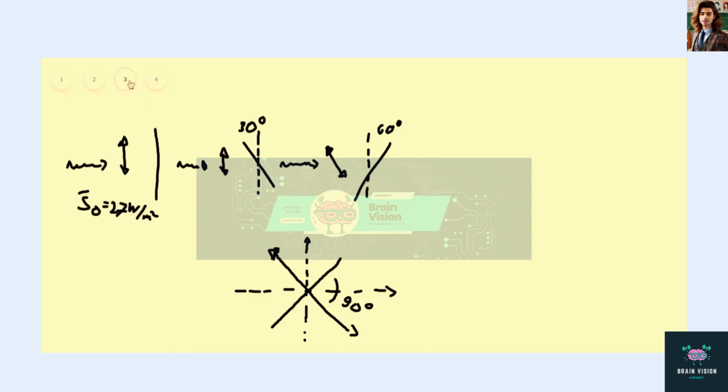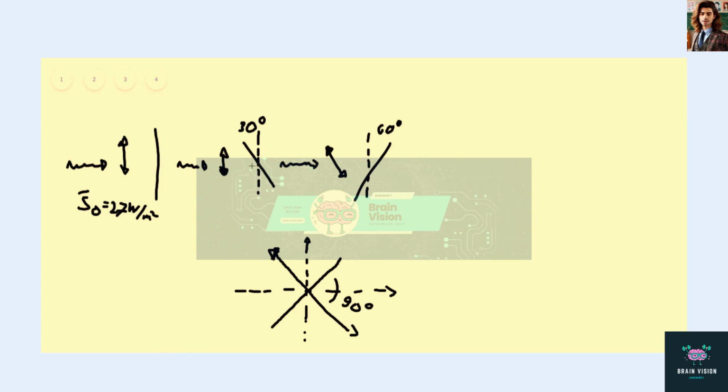The third part, let's say that we had removed the horizontal polarizer, which is the third one in this line of polarizers. In this case, we have vertically polarized light that comes in and it happily makes all its way through the first polarizer. Then it comes across the second one.